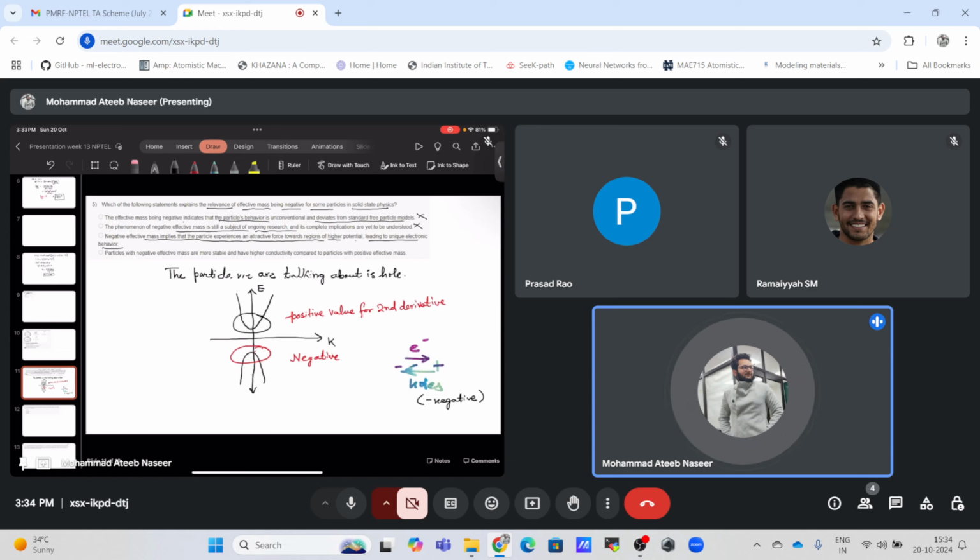Why I drew this non-symmetric across the x and y axes is because I wanted to show something. If this is my k, this is one dimensional; basically we are drawing a three-dimensional quantity in 1D, so we have to choose some plane. We are choosing some planes and drawing the energy band structure, because this is not an energy band diagram.